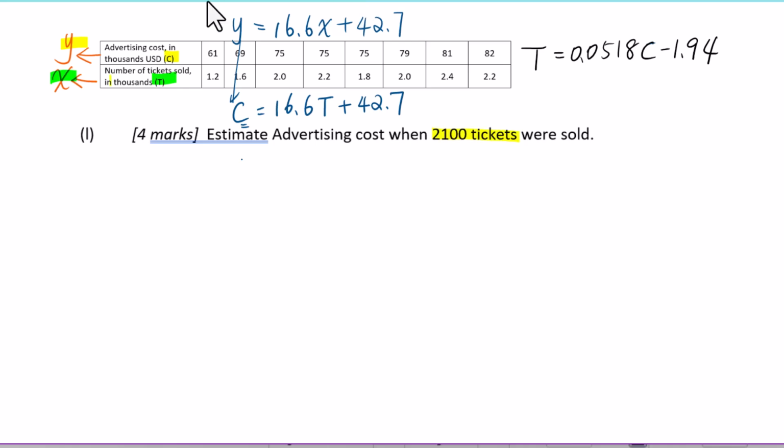Remember here t unit is 1,000. So t equals 2.1. C equals 16.6 times 2.1 plus 42.7 equals 77.6 will be the solution.